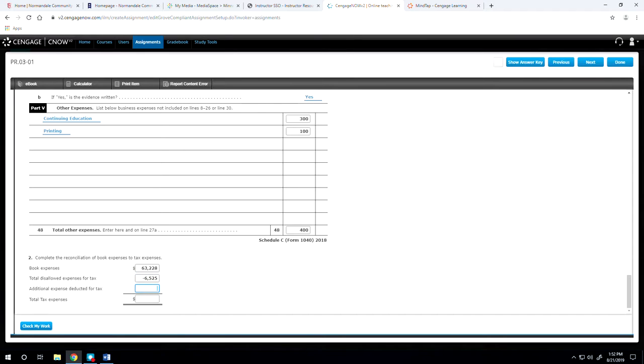And then additional expense deduction for tax. Remember, we had those auto expenses that we came up with. Those were $2,087. That was his mileage. So our total tax expenses are $58,790.